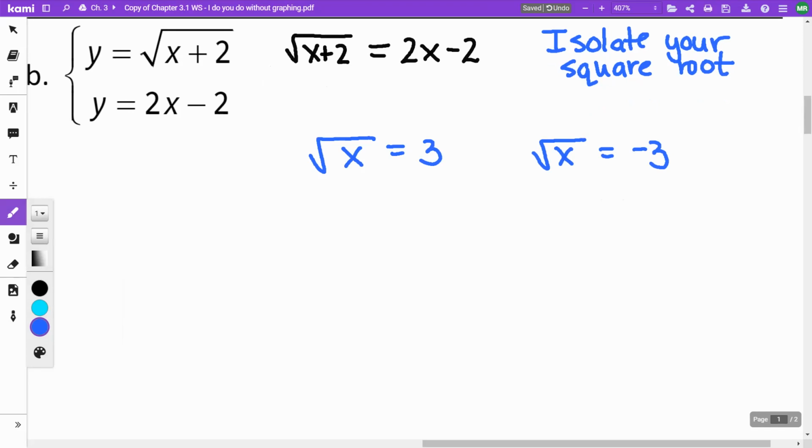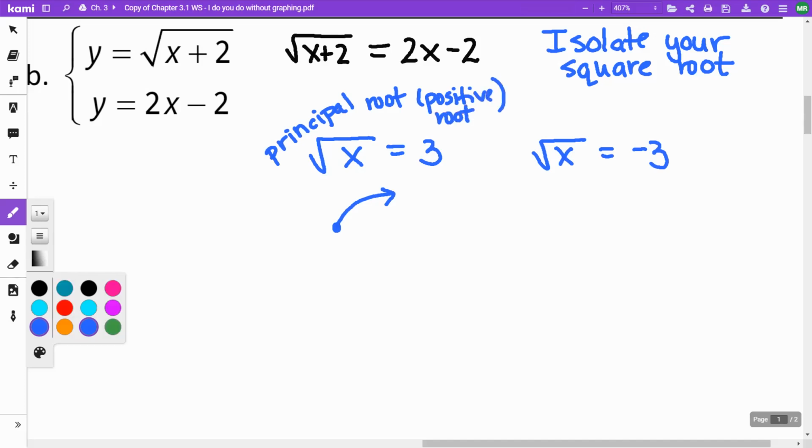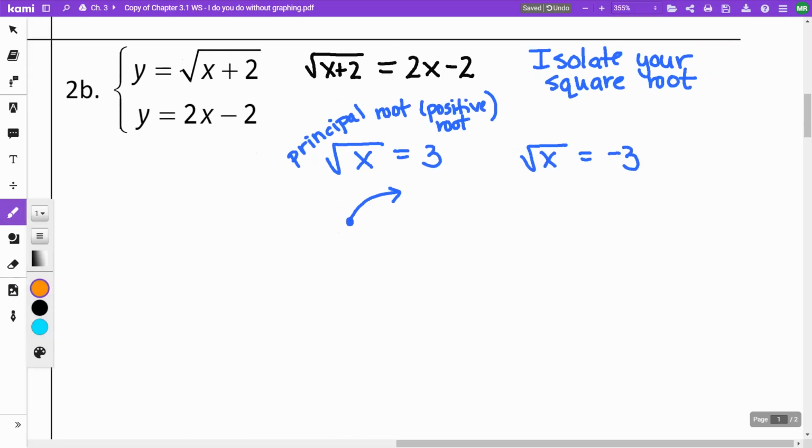The square root graph looks like this. Okay. When they have no sign in front of the square root, they're asking for what they call the principal root. And again, I guess I'll leave this on here as an example. Okay. And the principal root is the positive root. We really also could have a negative square root.